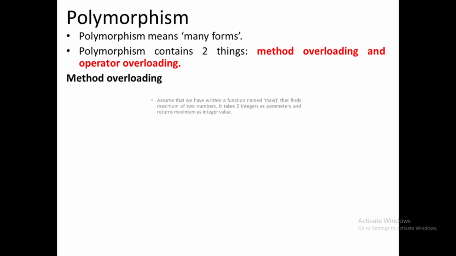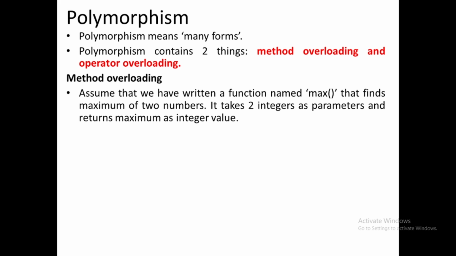Method overloading. Assume that we have written a function named max that finds the maximum of two numbers. So we can input two numbers and it will find out which is the bigger number. It takes two integers as parameters and returns the maximum as an integer value.